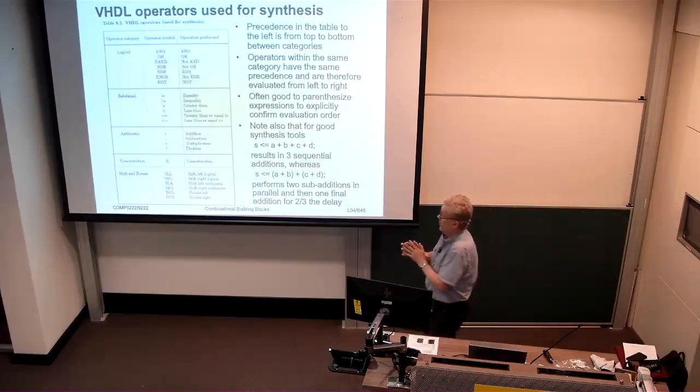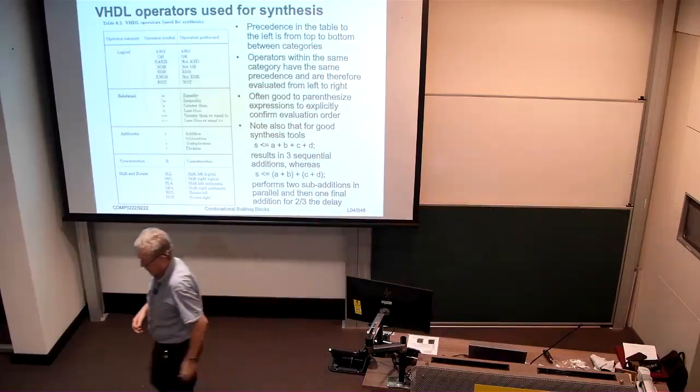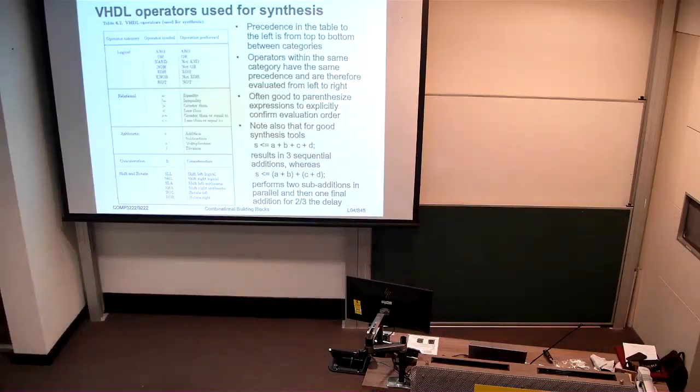All right, well, I think we can just quickly cover this slide off. It doesn't really tell us anything very important. It's more a reference slide than anything else, explaining the relative precedence of operators within VHDL.